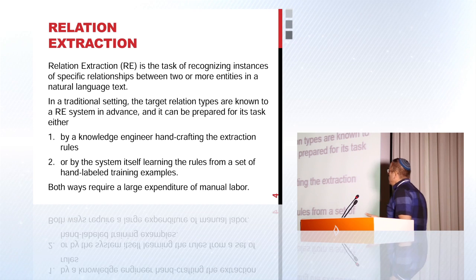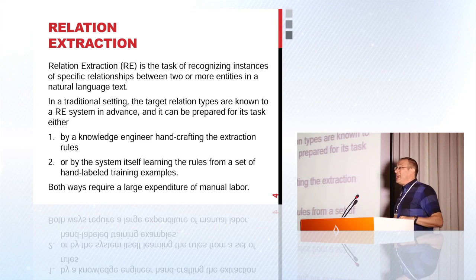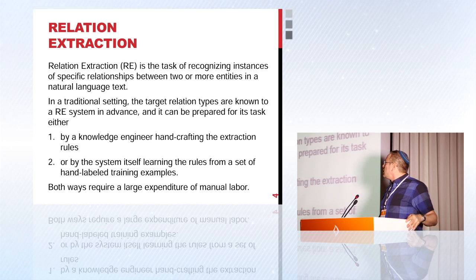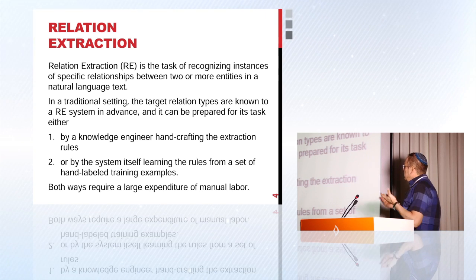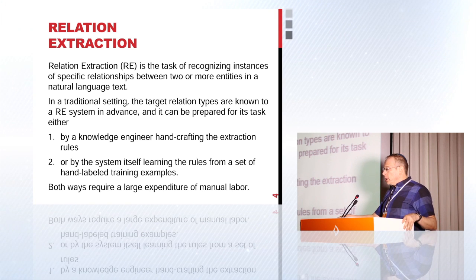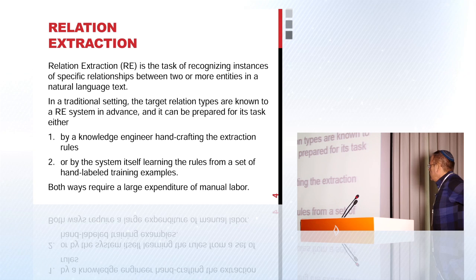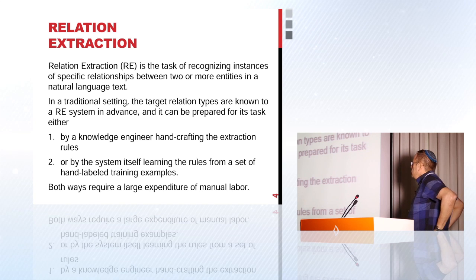So relation extraction in general is to identify connections between entities in text. In the traditional setting, you know what relationships you want to learn. And there are two main approaches. One is the knowledge engineering approach.